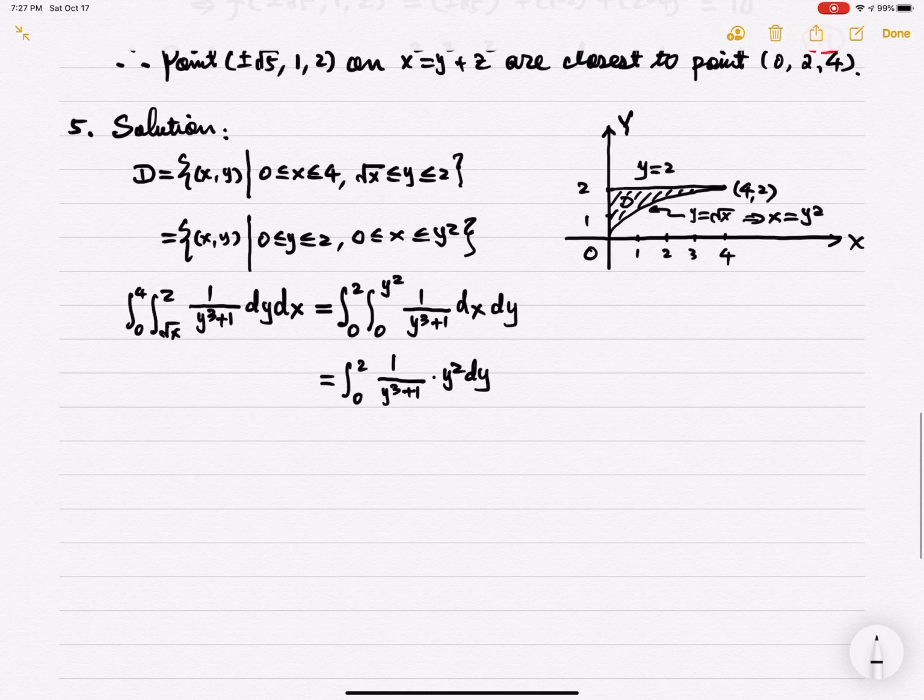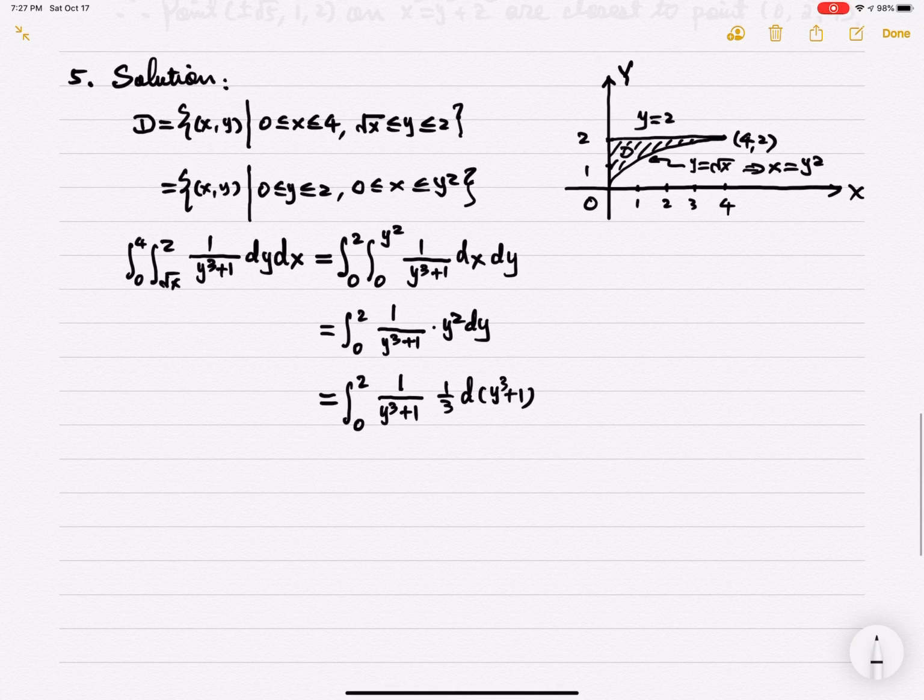Now if you do a substitution, here this is 0 to 2. How about I do this, and then you see here is 1 over y to the third plus 1, times 1/3 d of y to the third plus 1. Well, this is what we call implicit substitution. You can let u equal y to the third plus 1, or just do this.